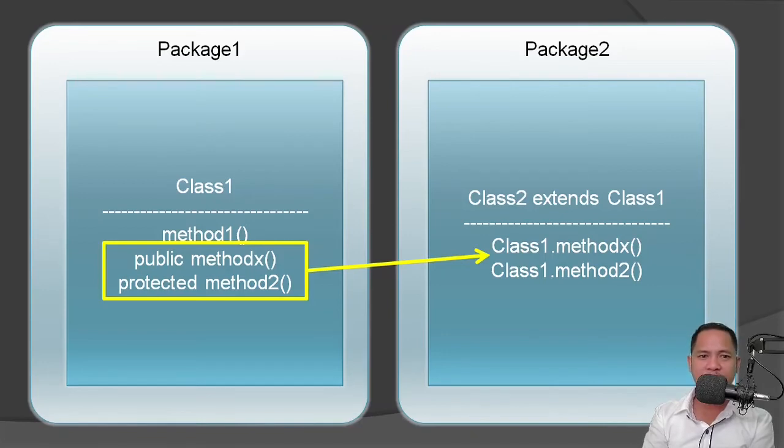However, class 2 cannot access method 1 because method 1 is using the default access modifier, and the default access modifier is only accessible within the package. And as you can see here, class 2 and class 1 are in different packages.